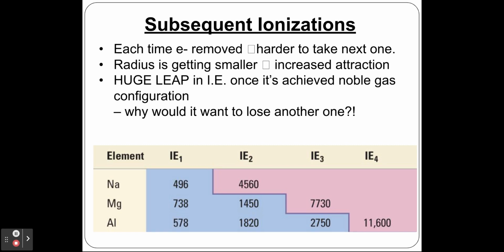So here we can see sodium has one valence electron. So the first electron, you only need 496 kilojoules per mole to remove that. And then the second electron is your first core electron. And you can see there's almost a 10-fold difference. It takes 10 times as much energy to remove that first core electron than it did that first valence electron.